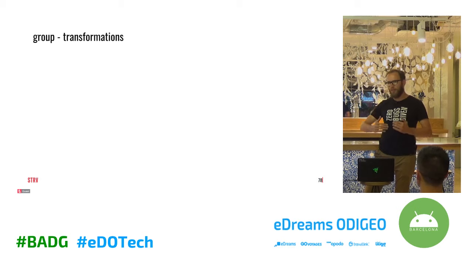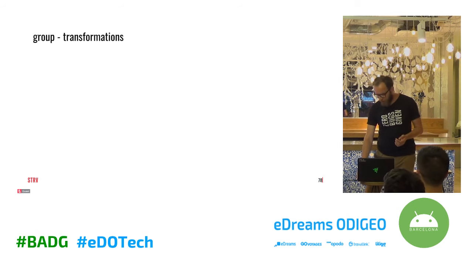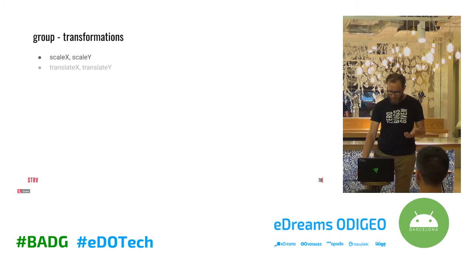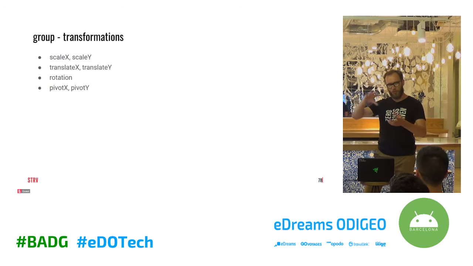There's a really handy way to make a huge benefit of it once you already have an icon. For example, you can take the existing path, you can scale it, you can translate it, which means you move it from one point to another, or you can rotate it, and for the rotation you can also pick around which point it will be rotated. So it's best shown on an example, right?